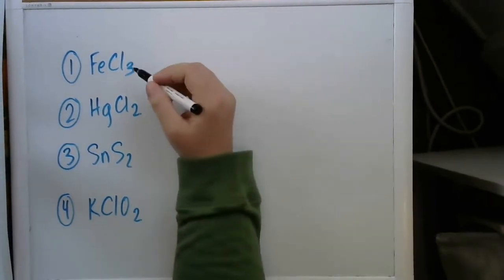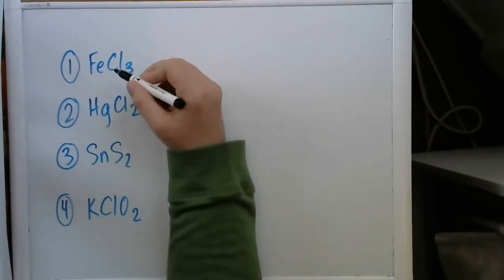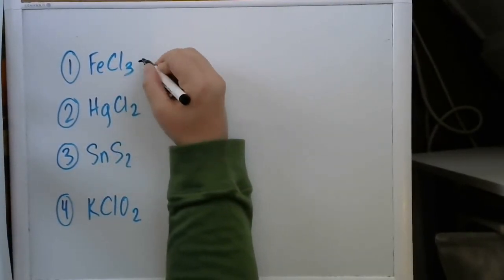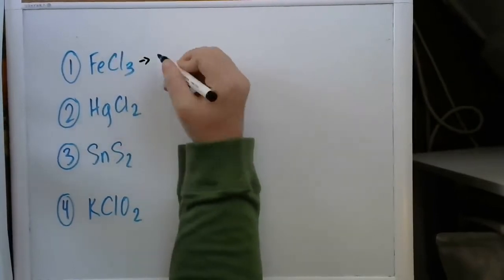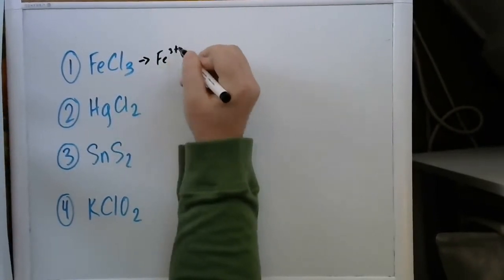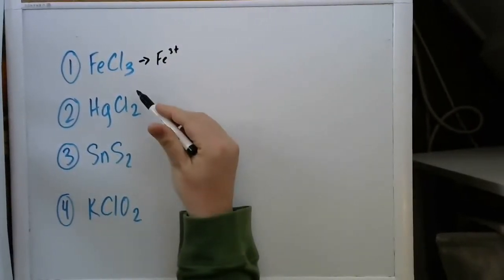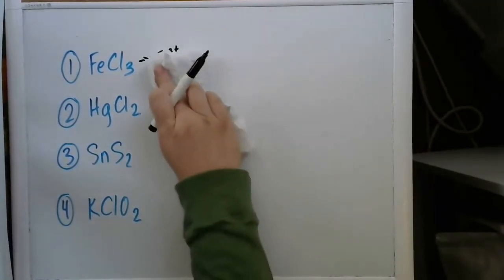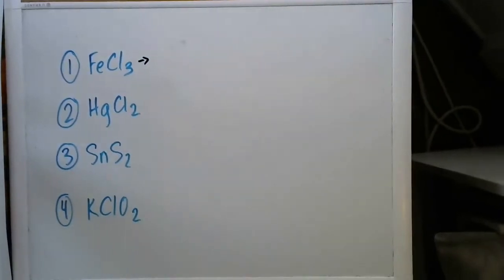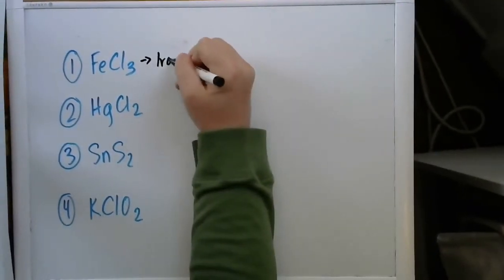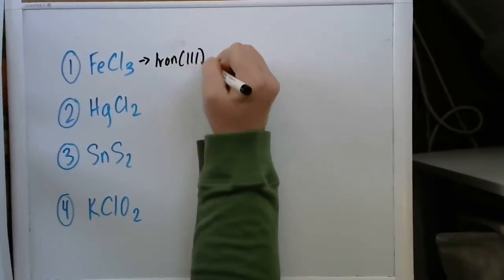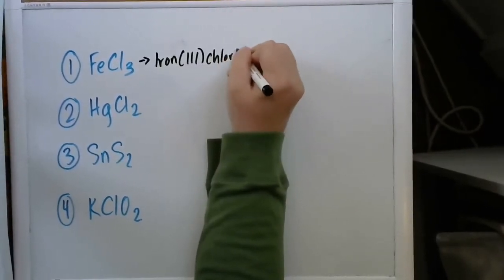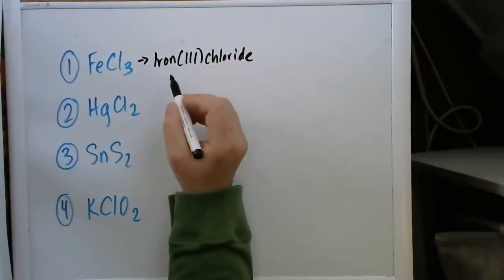So right away, choice 1, we would hopefully see that what we have here is Fe3+ and Cl-. So if we were naming this, we were looking at iron(III) chloride. Okay.